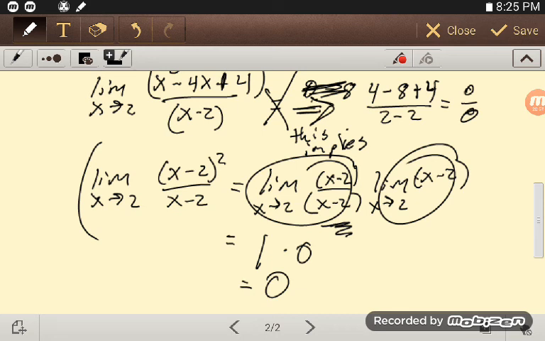So I took the x minus 2 over x minus 2 that I wanted to factor out, put that by itself, but then that limit is obviously 1, because again, for every x value other than 2, that evaluates to 1. So if I did that numerically, I'd get 1, 1, 1, 1, 1. That's going to 1. And then here, I can do a direct substitution and get 0.